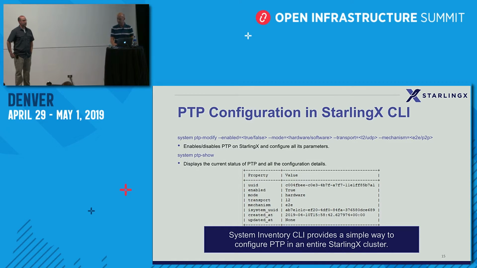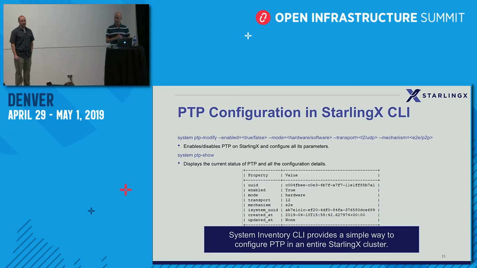And to hide all the complexities of this stuff, this is the slide that represents the PTP configuration in the StarlingX platform. Basically, there is one single command you need to run on your controller node, and that's it. You need to choose your mode, software or hardware, your transport protocol, and the delay mechanism you would like to use in your network, and that's it.